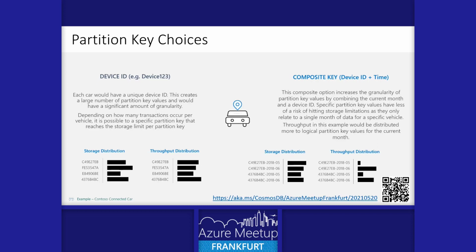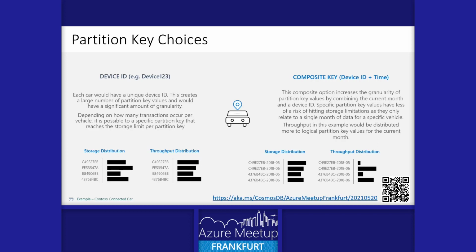So you still have some skewness, but I would still say the composite key is a doable option. When we imagine we have 10 million cars, it means we would have 10 million logical partitions, one for each car in the current month, where we see more throughput than for all the other logical partitions.